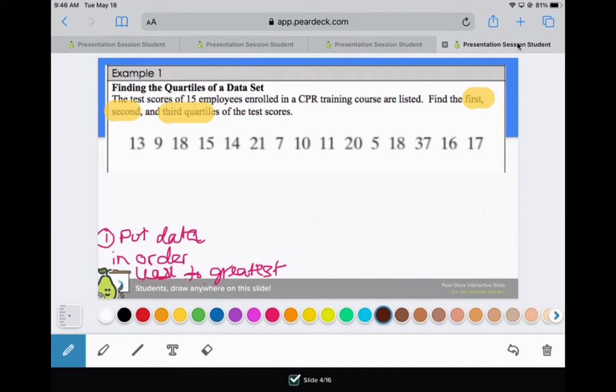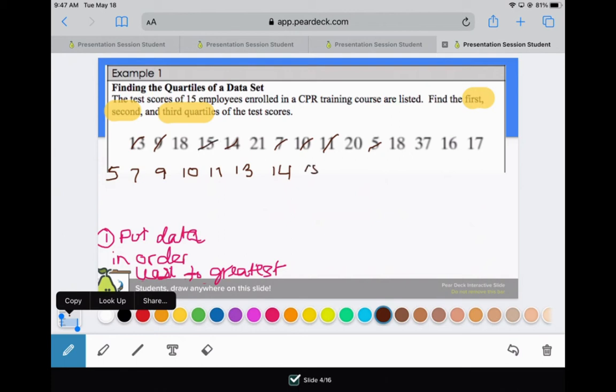So let's do that. If you cannot read my handwriting, like I said, Miss Munoz is typing it in the chat, so you can copy that as well. The first number is 5. I'm going to list them out: 5, 7, 9, 10, 11, 13, 14, 15, 16, okay.